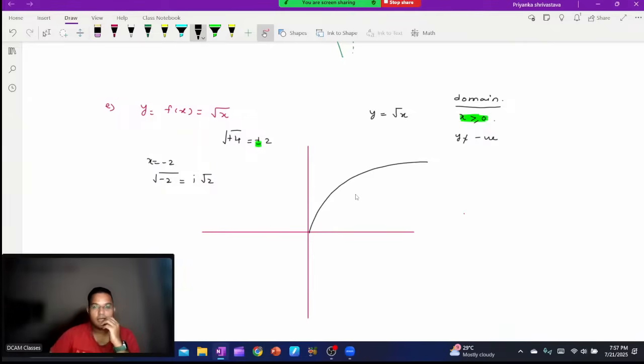Okay, sir. Like that, y can never be negative. But what about this? If y is equal to x power half, and what if I have taken y equal to x power 1/3, will it be below or above? Below. Correct.